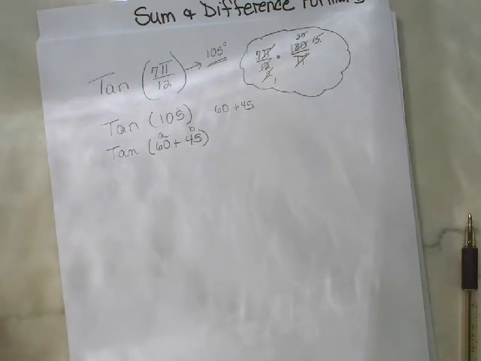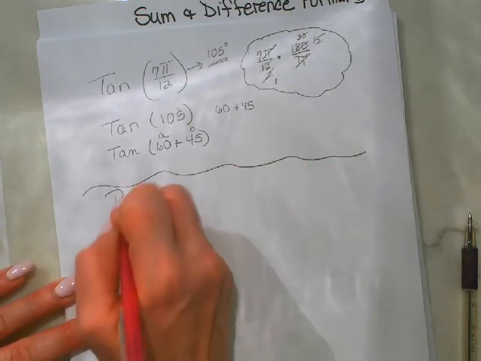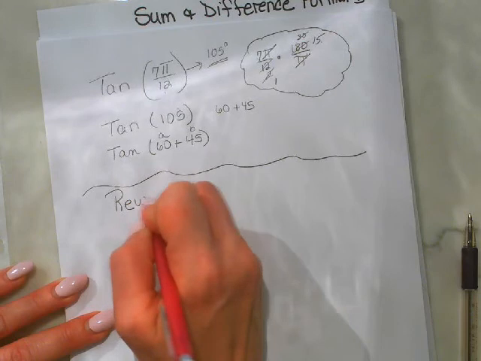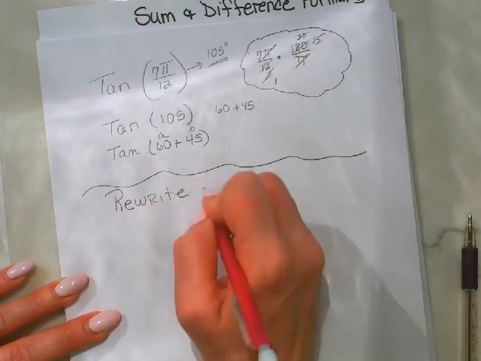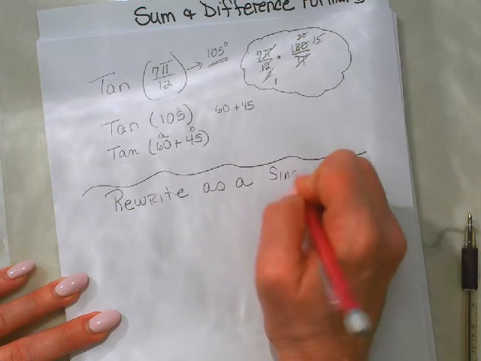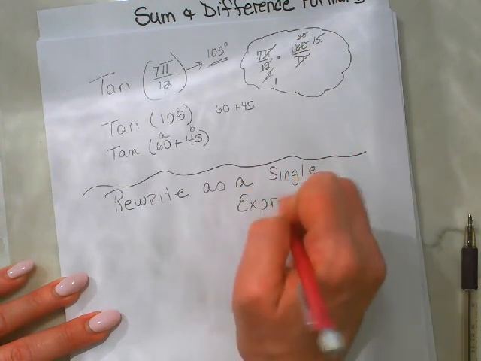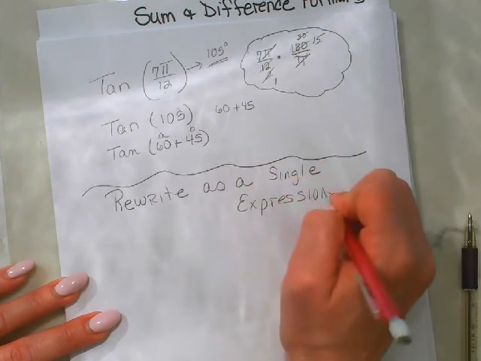Sometimes they want you to simplify, okay? And in simplifying, let me get my problem that I thought I wrote down. They might give it to you like this and say, rewrite as a single expression.